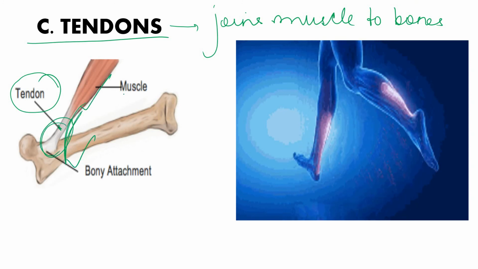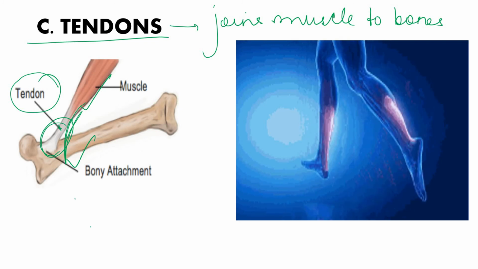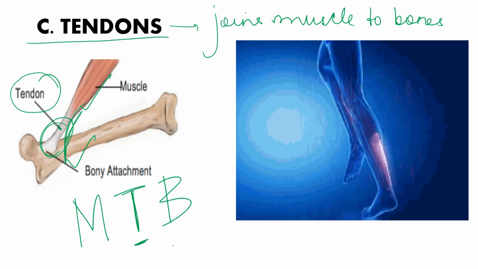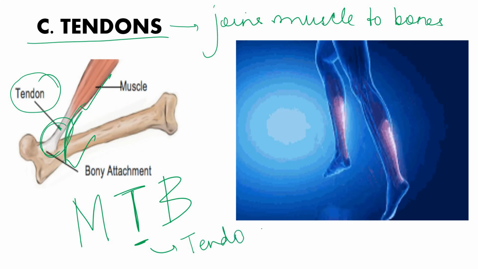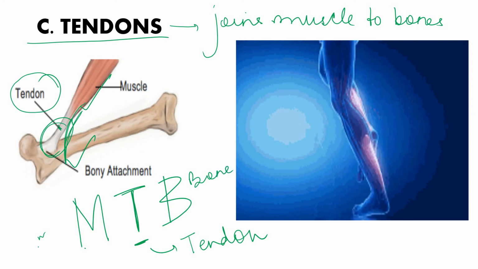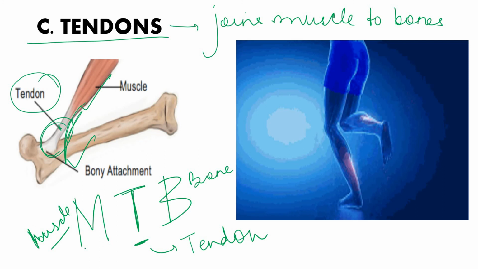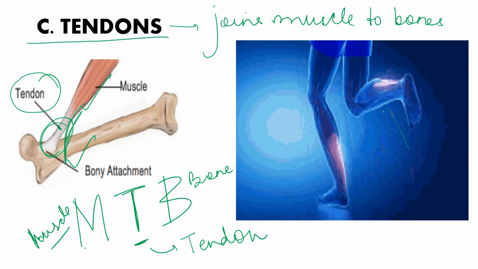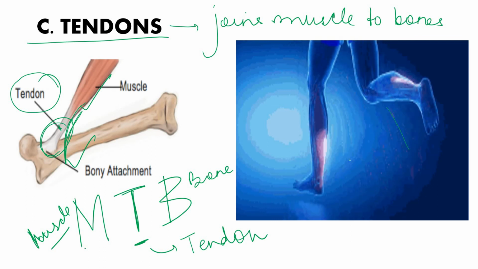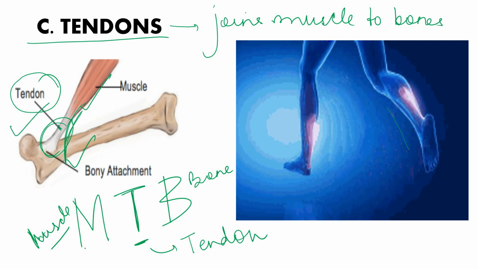Now how do you remember this? You can remember it as MTB. Here T means tendon, M means muscle, and B means bone. In our legs and wherever there is bone and muscle, those joints are joined by tendons.